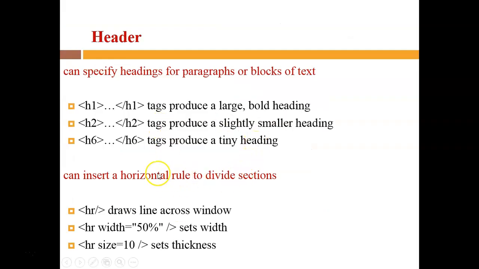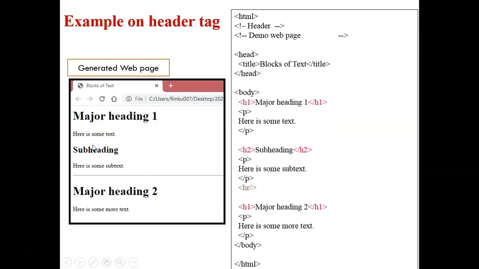That means what is a horizontal row to divide a section, or what is the HR tag, and what are H1, H2 and H6. See, in this head, as we know, we display the message which is displayed in the browser window, block of text. Okay. After that, now inside the body part, here first I give a header as H1 and display the message major heading.